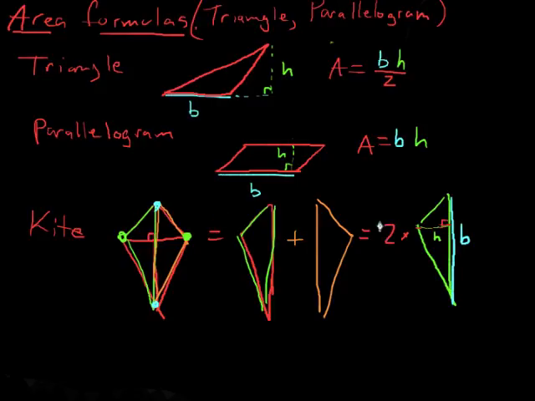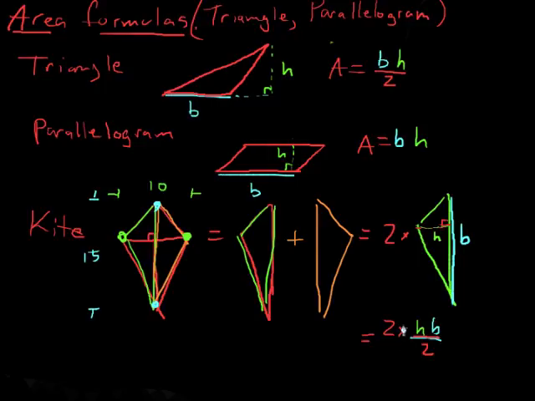So for example, if the distance from here to here was 10, and the distance from here to here was 15 units, whatever units they are, then let's do this algebraically. 2 times height times base divided by 2.